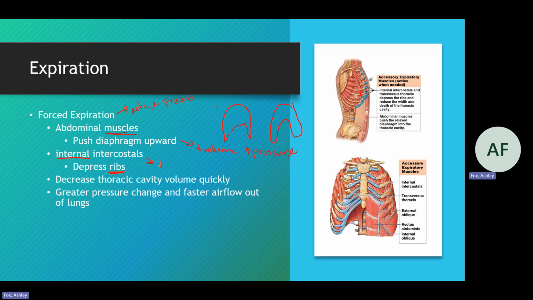Then you're going to decrease your volume further and increase your pressure further. So again, more air is going to move out. The greater the pressure difference between the atmospheric and intrapulmonary, the more air and the faster the air is going to move, because it's just going to say, I need to get out of here. They don't like to be in a small space, so they're just going to leave.